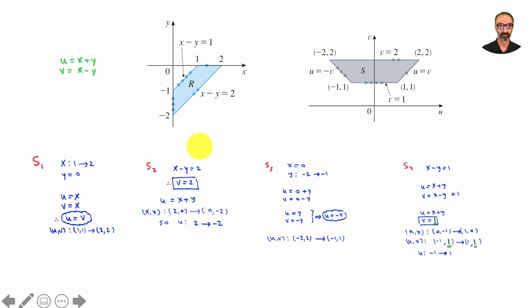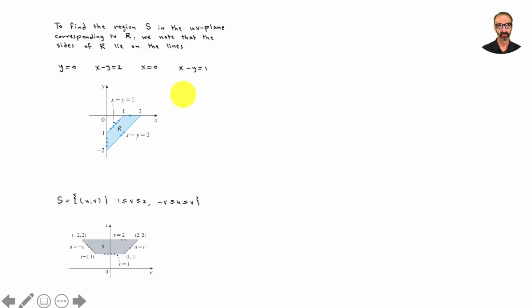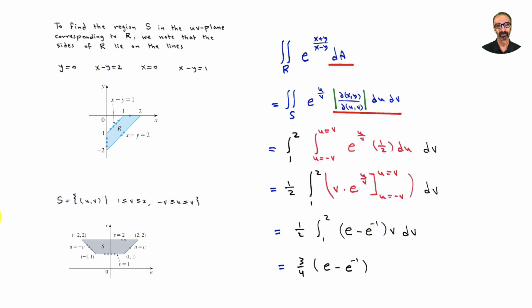Let's go back to the problem. So we are going from this to this. That tells me my limits on the new integrals. And one more time, this is my main problem, described right here.